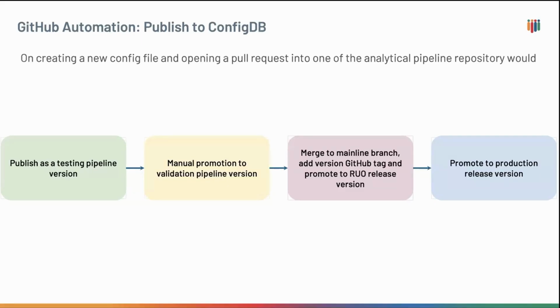From there on, the testing pipeline can be manually promoted to a validation pipeline at the discretion of the user. And once the PR is merged into the main branch, a GitHub tag is created and the version is promoted to an RUO release. And finally, any authorized users can also promote the version in ConfigDB to a production release version.